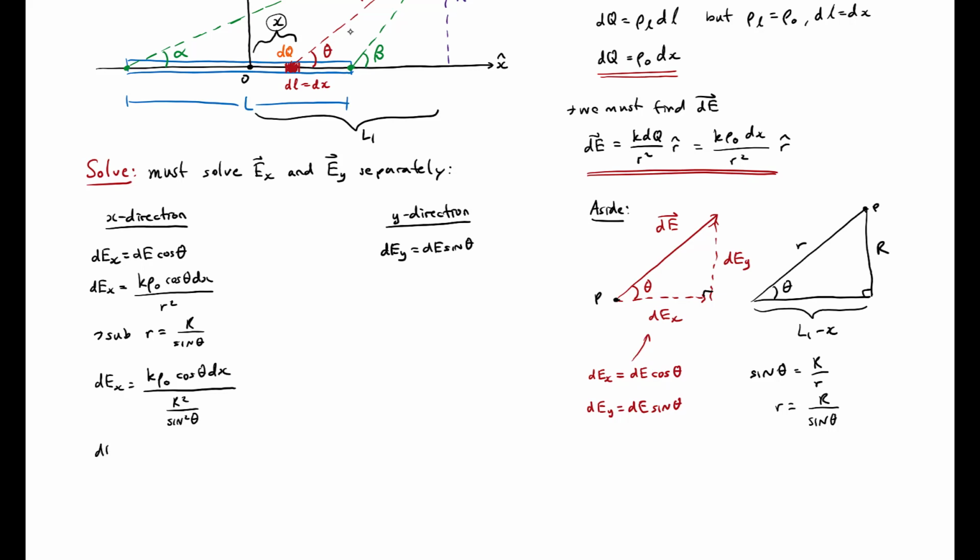Okay, so I now have dEx being equal to k rho naught cos theta dx over R squared, and this is equal to cosecant squared theta. So now at least I can take k rho naught and capital R squared out. I'm still stuck with this theta.